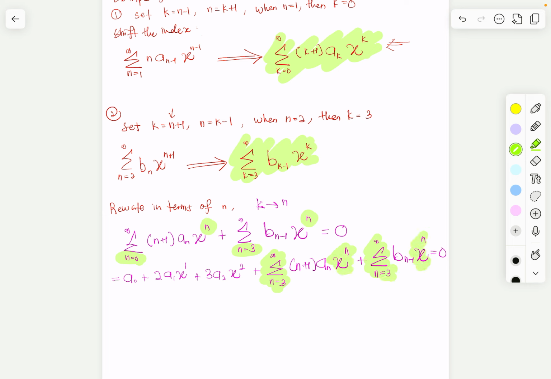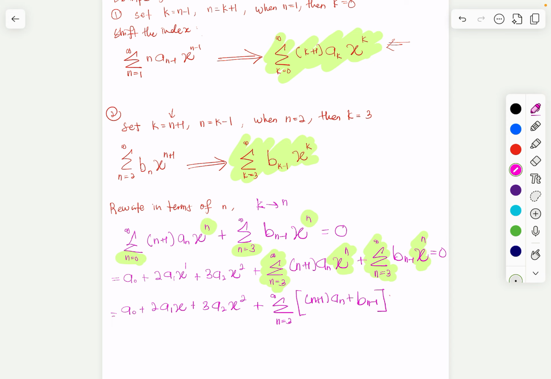So we can rewrite it back as a_0 plus 2a_1 x plus 3a_2 x squared plus the summation from n equals 3 to infinity of, in a bracket, n plus 1 a_n plus b_n minus 1. Since both have x to the power of n, I can write it that way. So this equals 0.